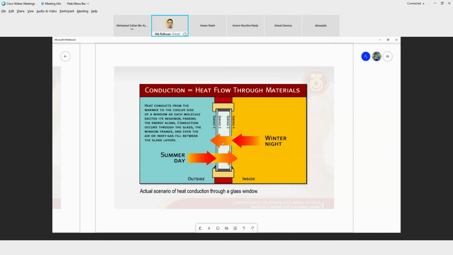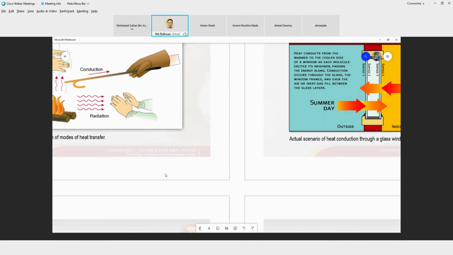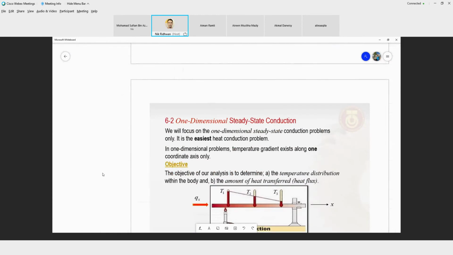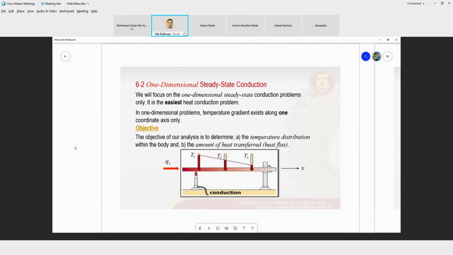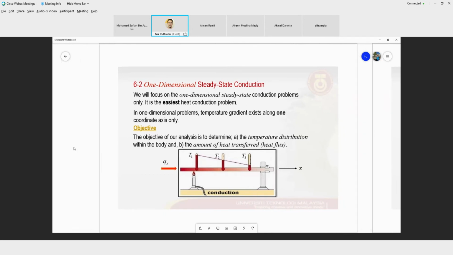So with the two layers of glass here, it can prevent the heat transfer from one region to another. It's slowed down a bit. It's still cold, but it's slowed down a bit. You can save a lot of money from burning gas.